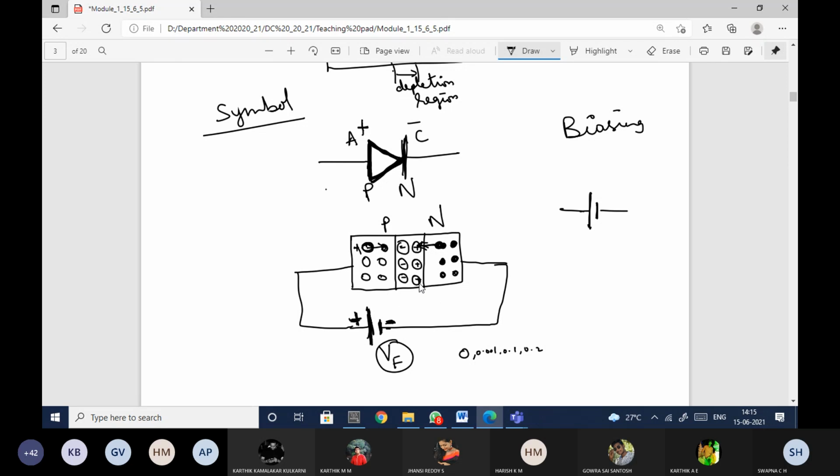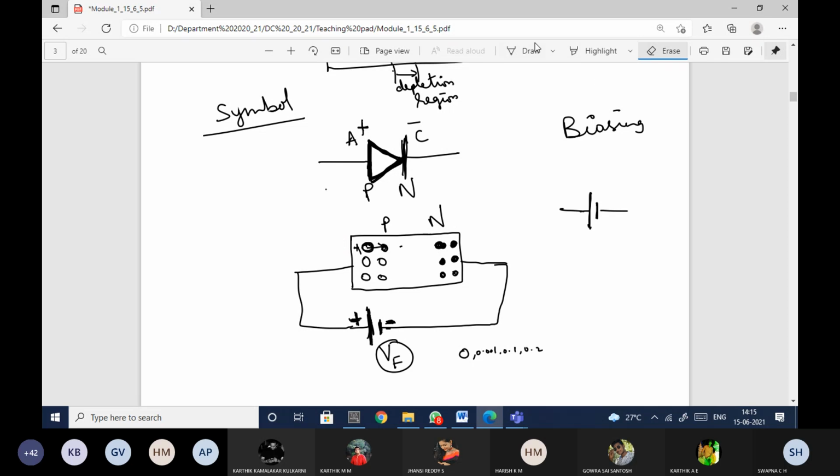Because of that, this barrier will decrease. At one particular point, this barrier will completely vanish. There won't be any barrier at that point. If there is no barrier, the electrons can freely move from this n side to the p side. That is what will happen here.